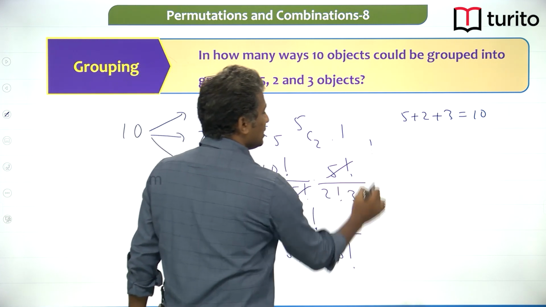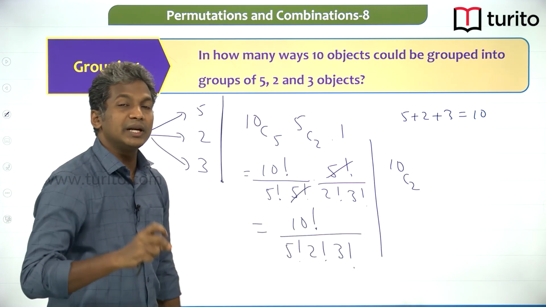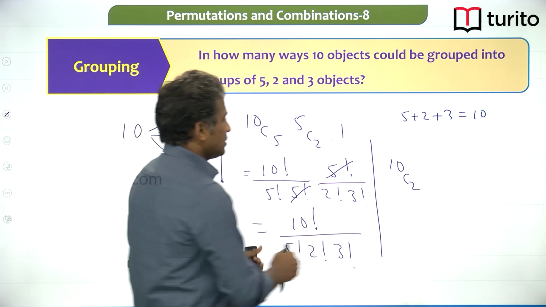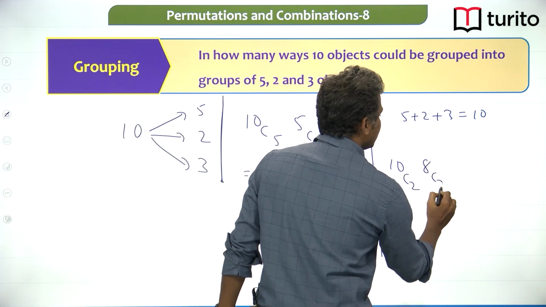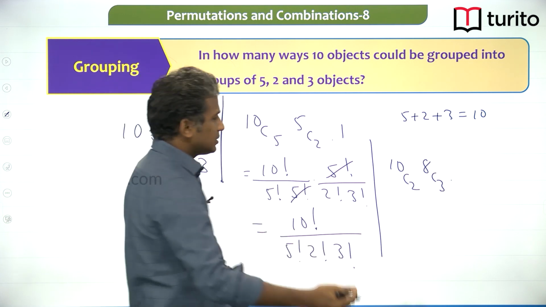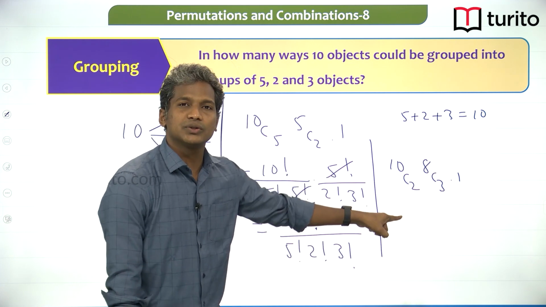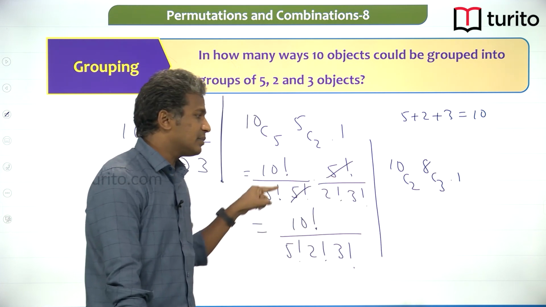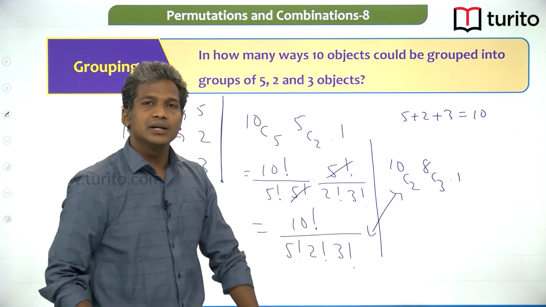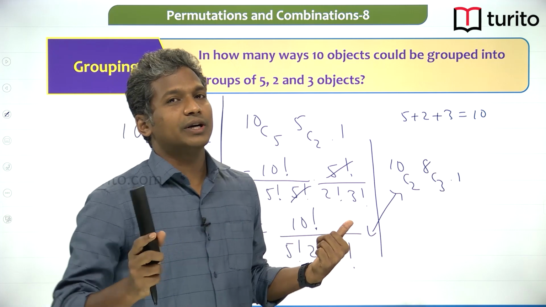So that means I will be first selecting 2, right? And now from the remaining 8, let's say I wanted to form the group of 3. So that means it will be 8C3. And now 5 are remaining, we want to form a group of 5. So that's only one way. Now if you simplify this number also, it's going to be exactly the same as this number. So these 2 are going to match cut to cut. So again, order of grouping is not important.